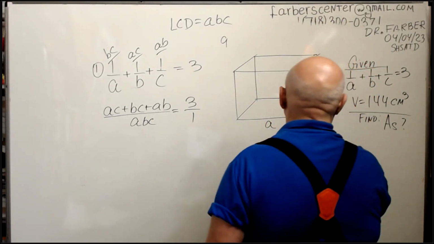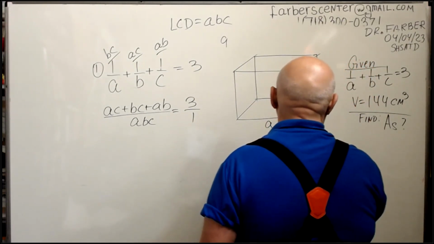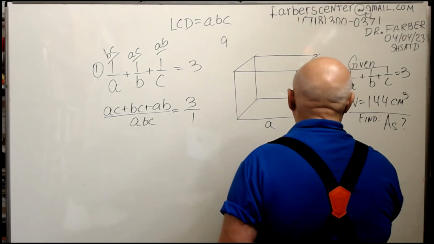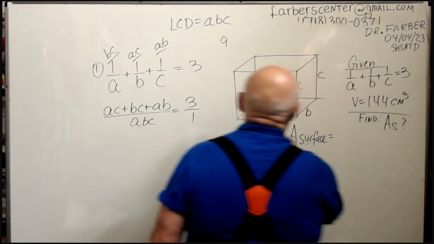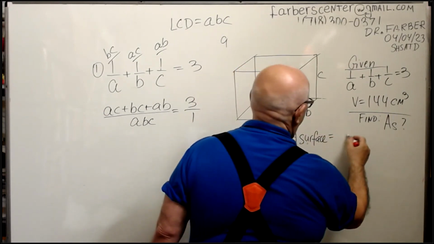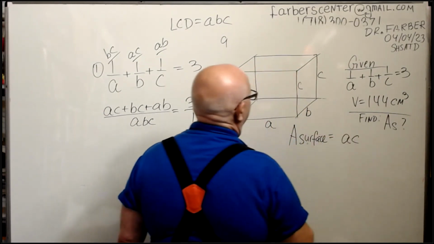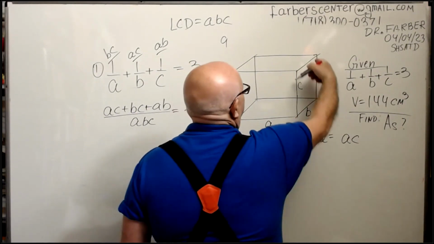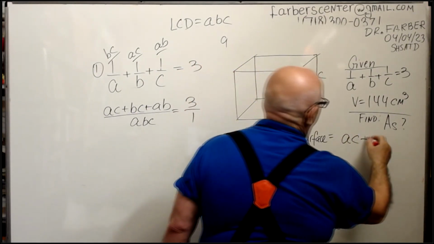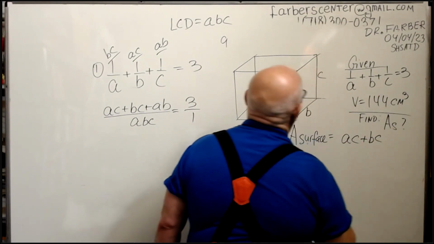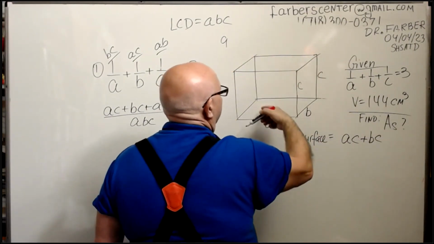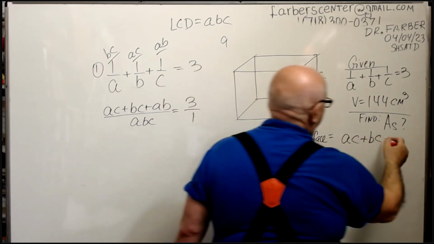Surface area: AC multiplied by 2 plus BC, like I did today, multiplied by 2, and plus AC front back multiplied by 2.